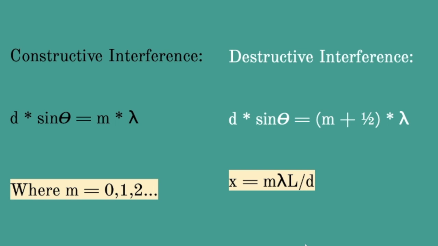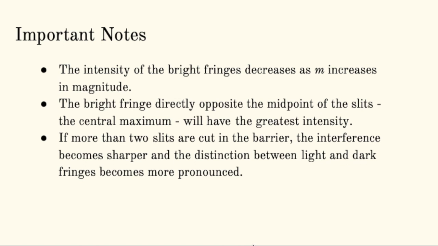The destructive interference equation is similar, except that 1/2 is added to m, because this is when the crest of one wave will meet the trough of another. The final equation is used to give us the exact position of the light fringe or the dark fringe on the screen.